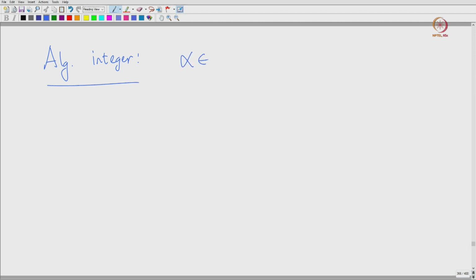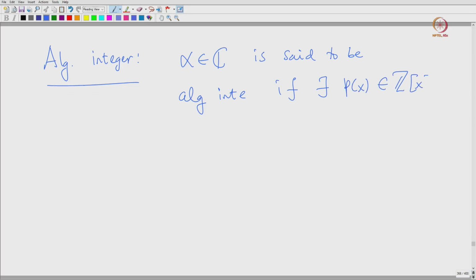Given alpha in the complex numbers, it is said to be an algebraic integer if there exists p(x) in Z[x], the set of polynomials over integers, such that p(x) is monic.